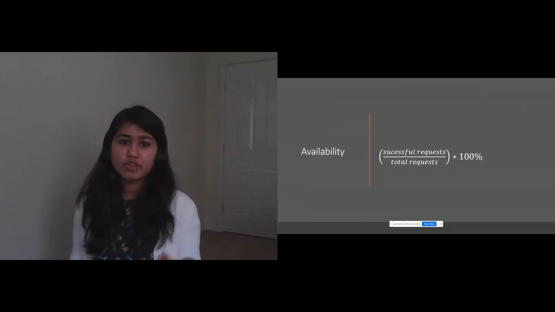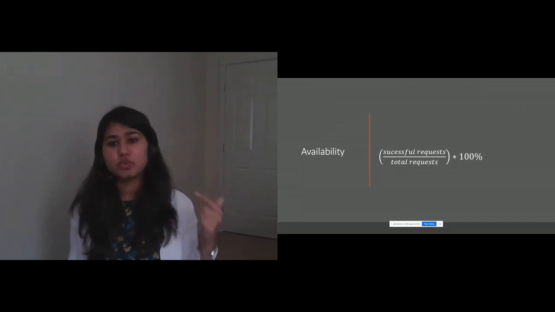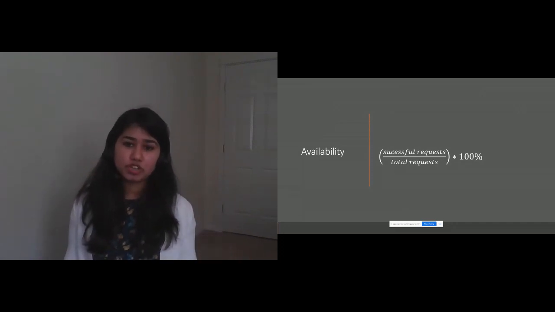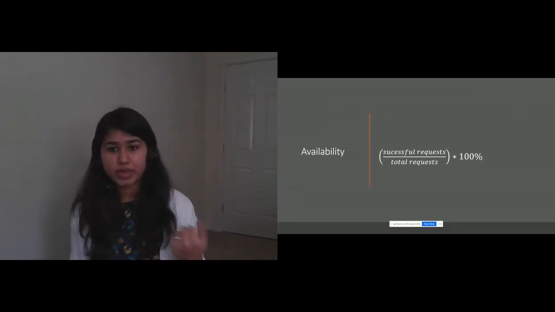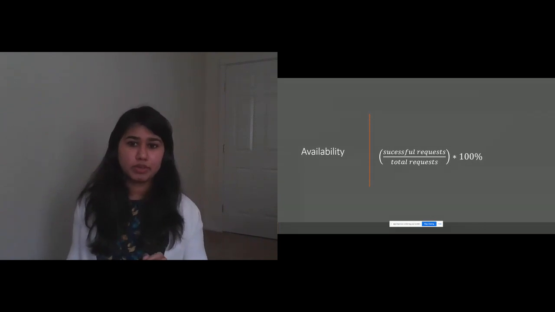But in general, I want to give an idea of how you can develop your own availability monitor, basically by creating maybe a script or a web job that pings all of your application's URLs, takes the HTTP response code, and keeps track of the successful requests versus the failed requests. So that's how you can do it manually.